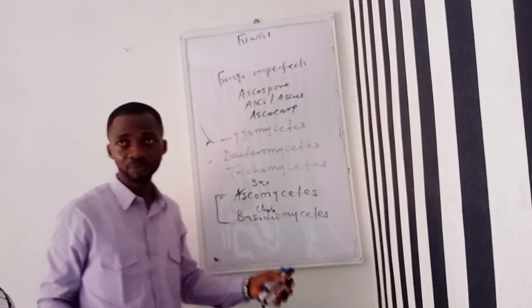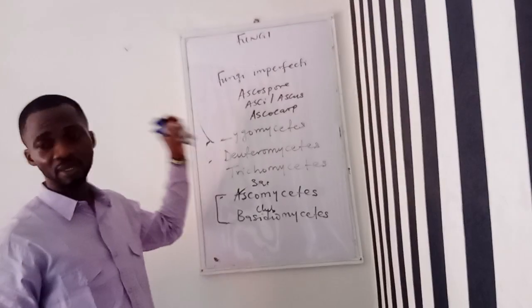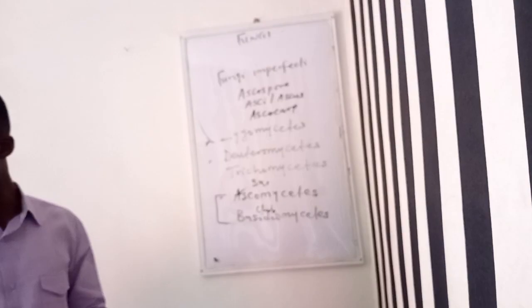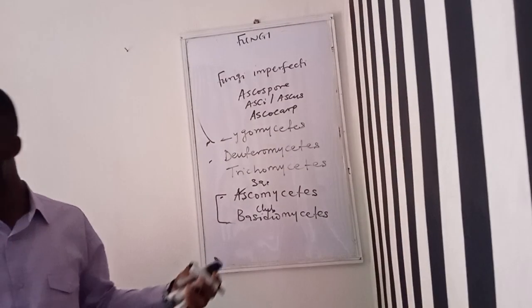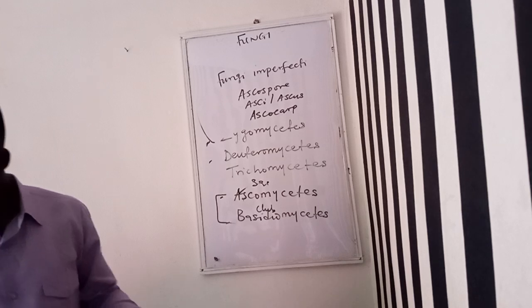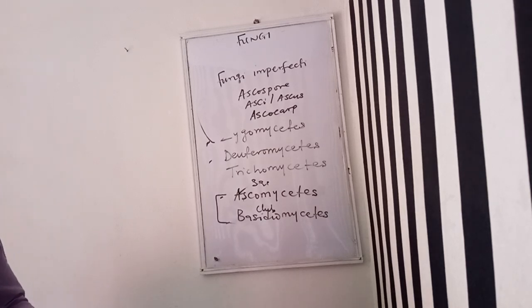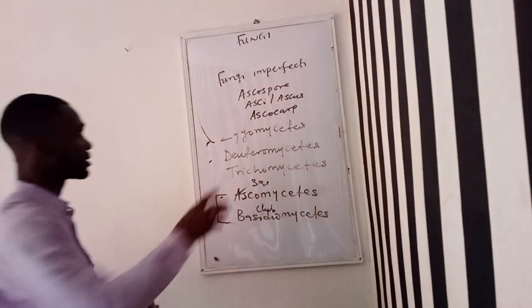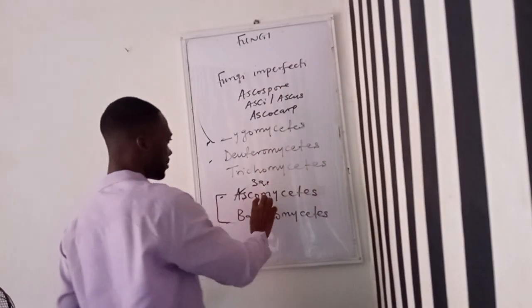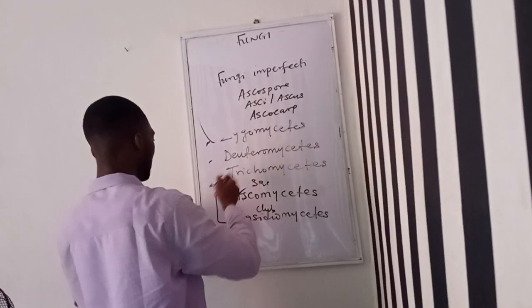This is where you see the penicillium, the aspergillus, the truffles. Let me name them. Yes, I'm correct. This is where you see under ascomycetes.